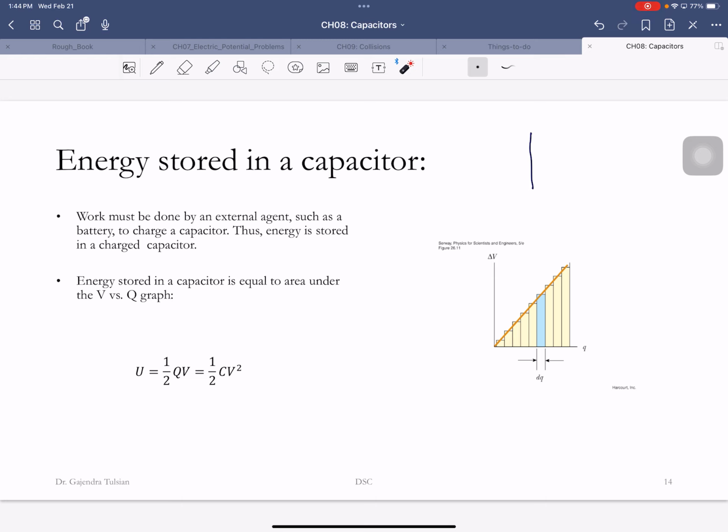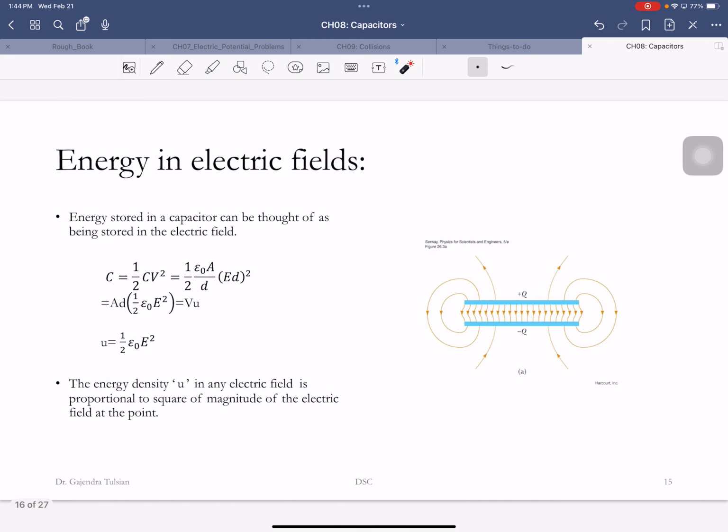So again, here's the energy stored in the capacitance. Now here's another way of looking at it. When you charge the capacitor, you created an electric field in there. There are multiple ways of looking at this. When you charge the capacitor, what are these guys doing?